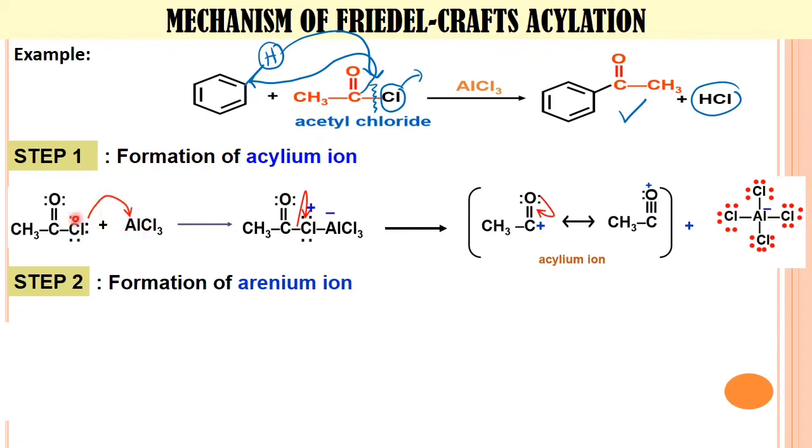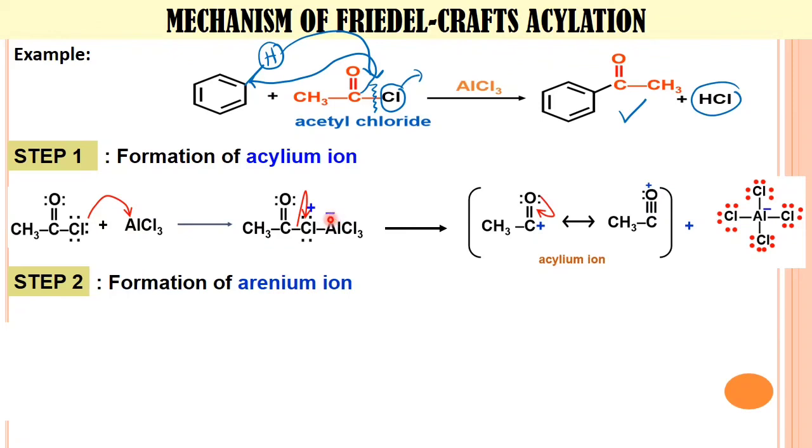So one of the lone pair at this chlorine atom will form single bond between chlorine and aluminium. Nampak tak? So oleh kerana chlorine ni donate electron, that's why adanya positive charge pada chlorine ni. While this aluminium accept electron from chlorine just now, so this aluminium will become negative ion.